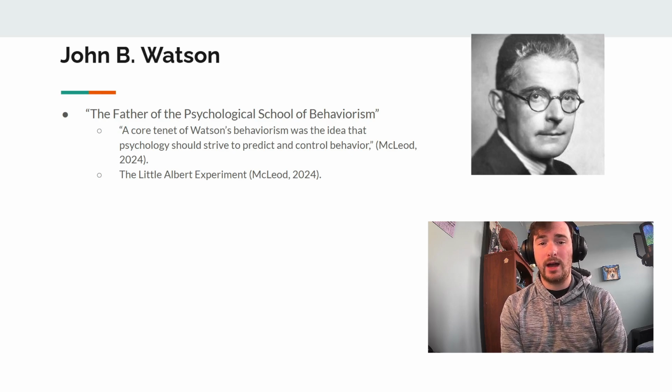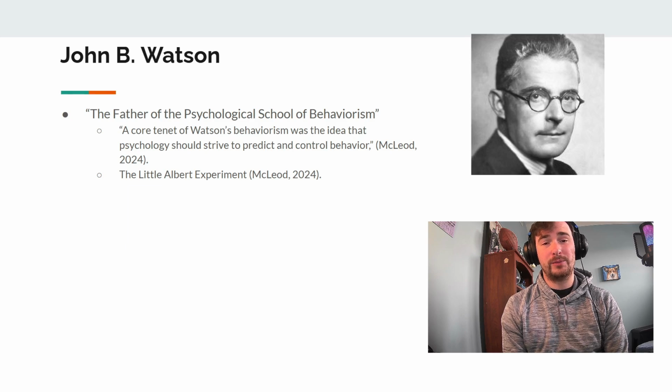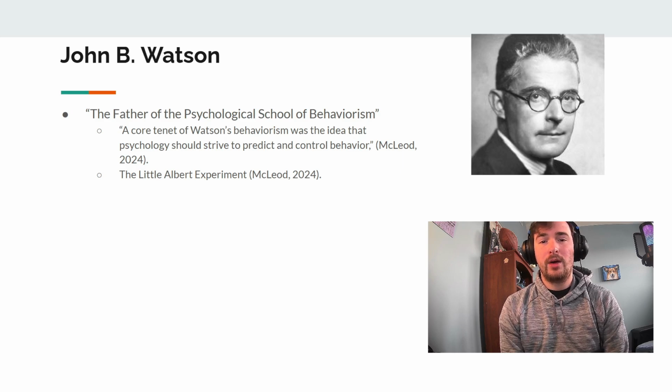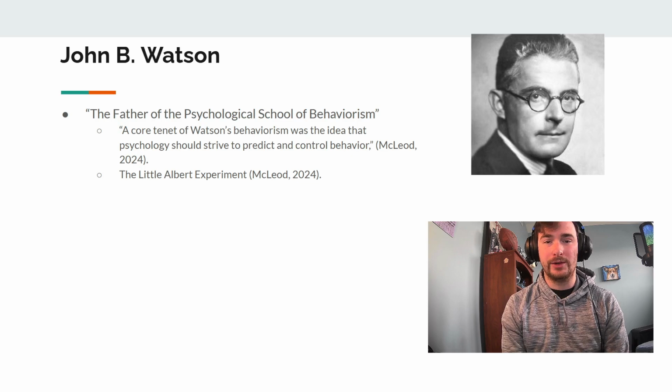Because at the time when Watson was making presentations at the university level, Sigmund Freud was one of the biggest names in psychology, and Watson's major criticism of Freud was that a lot of Freud's interpretations of what his clients were saying was very subjective. So Watson had made a push to try to make science objective and measurable.